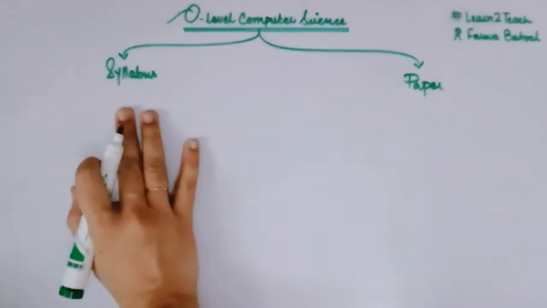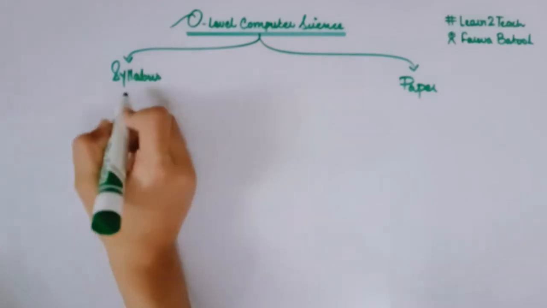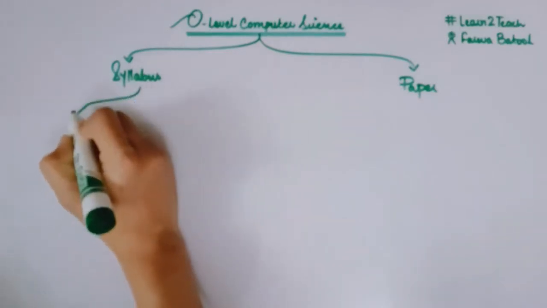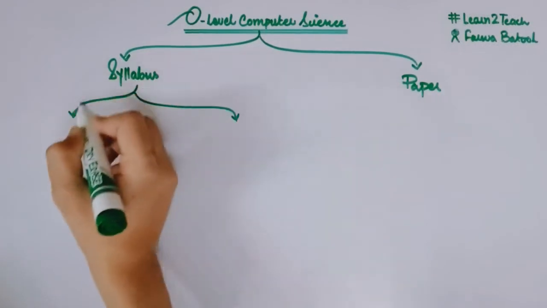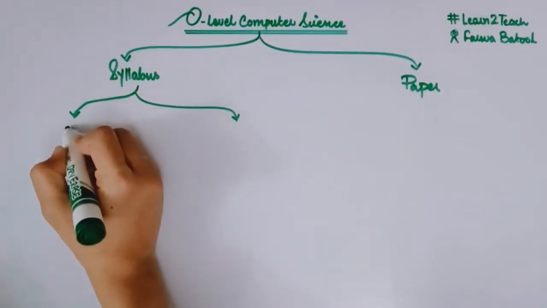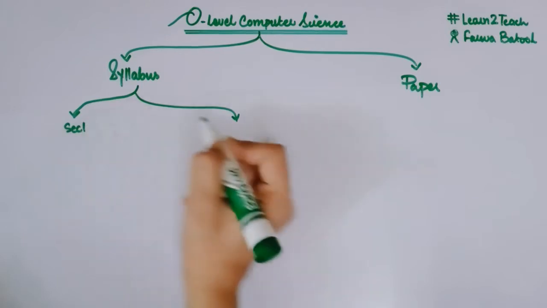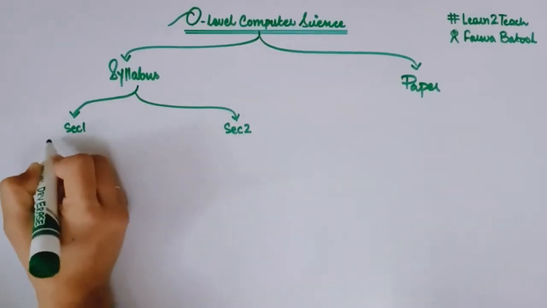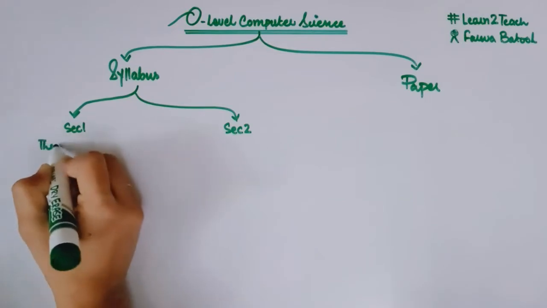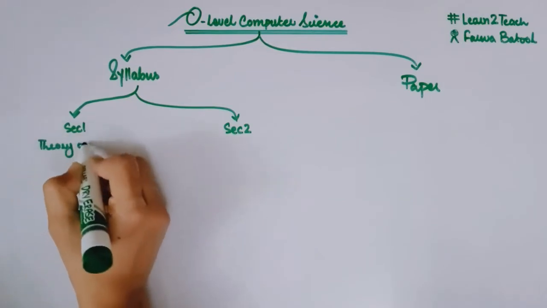Now the syllabus, yes. Here I would like to tell you that the syllabus of computer science is divided into two sections. Section number 1 and section number 2, right? So section number 1 is named as Theory of Computer Science.